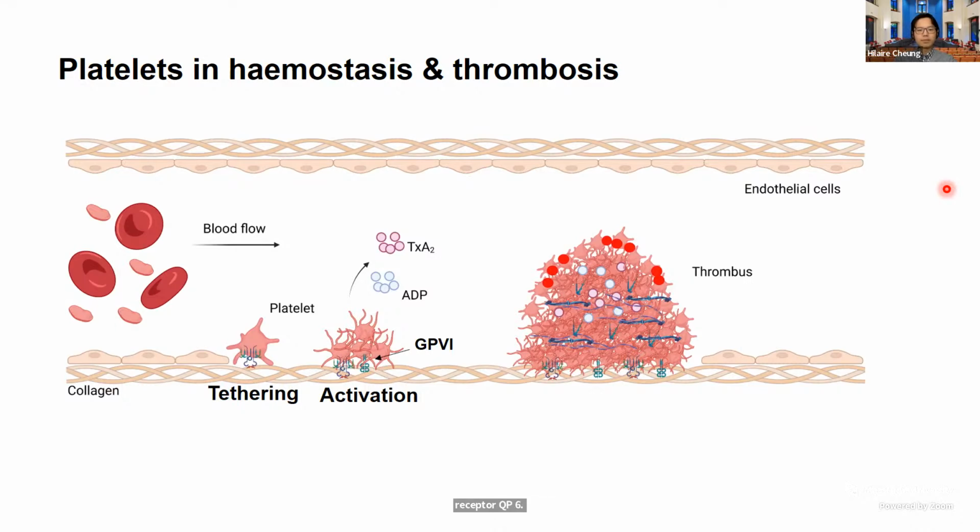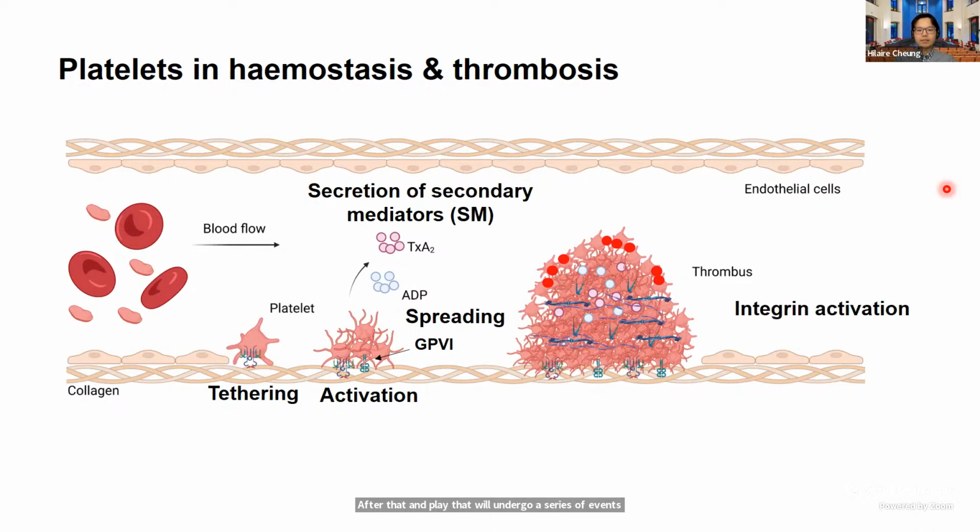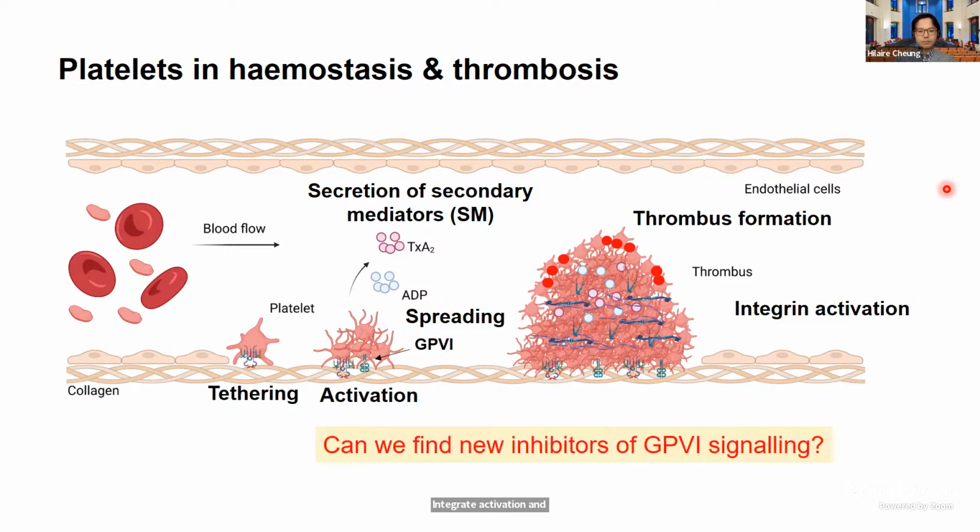After that, platelets will undergo a series of events, including spreading, secretion of secondary mediators, integrin activation, and ultimately lead to thrombus formation. Due to the role of GP6 in platelet activation, can we find new inhibitors of GP6 signaling?